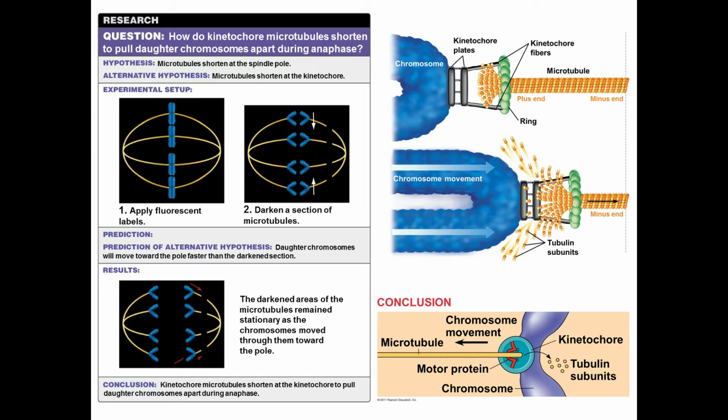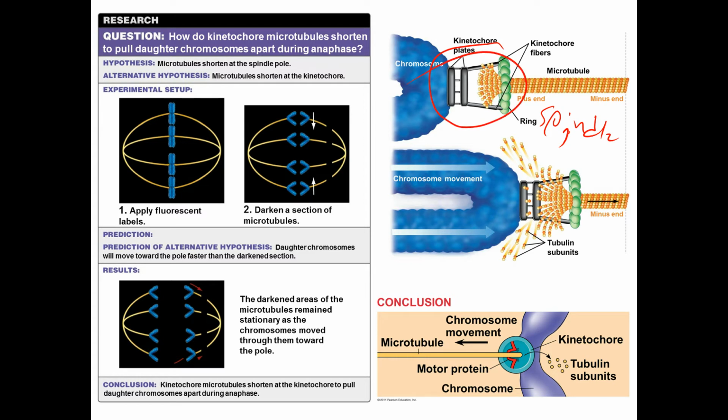Looking at what's happening during this transition between metaphase and anaphase. If you look at your little microtubule, this is your little spindle fiber. Your spindle fiber passes through the kinetochore, which is basically one big protein complex.